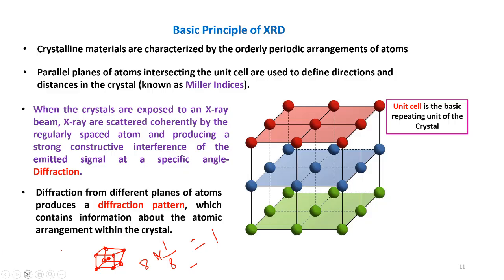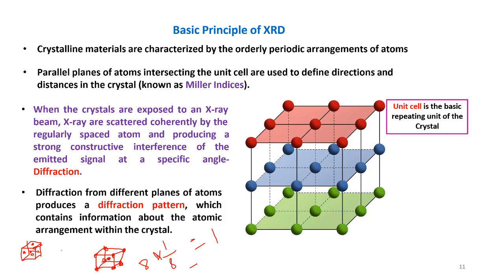And in the face center, again, we have atoms on all 8 vertices, and on the faces: 4 here and then 2 more, one at the front and one at the back.